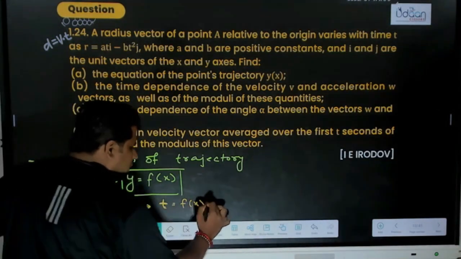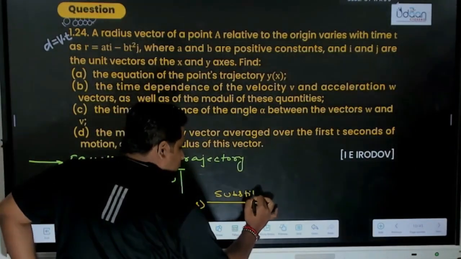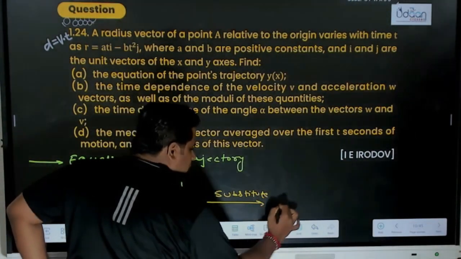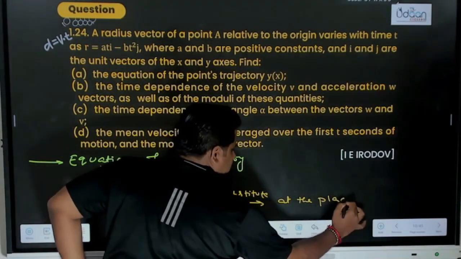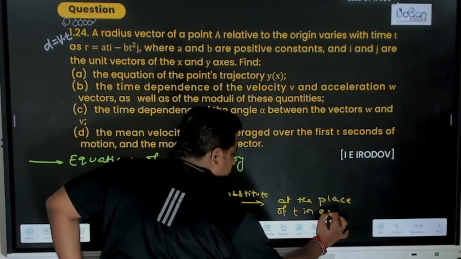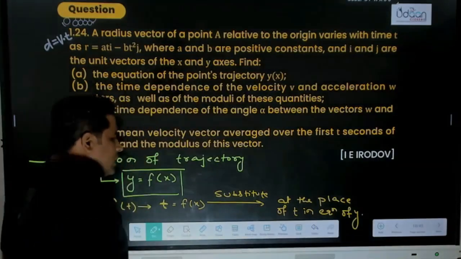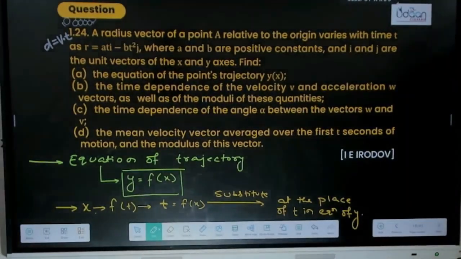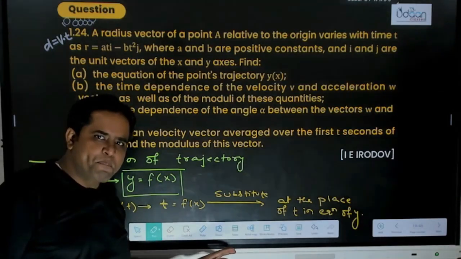And then substitute it at the place of time in the equation of y. This is the simple step you need to take so that you are able to solve this question.